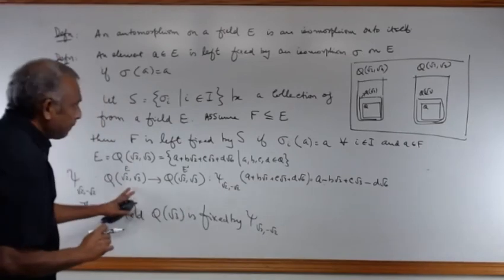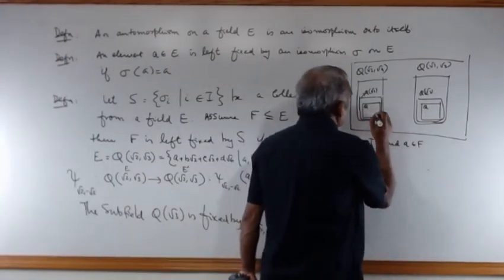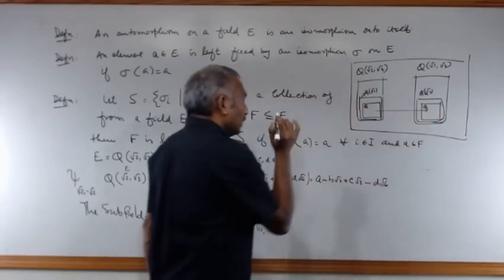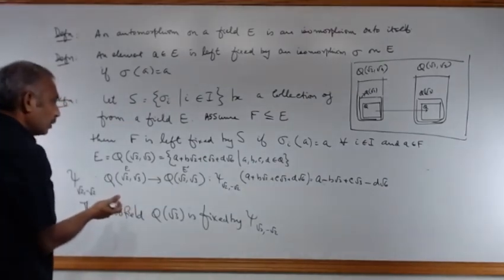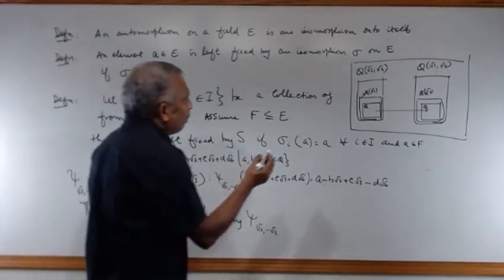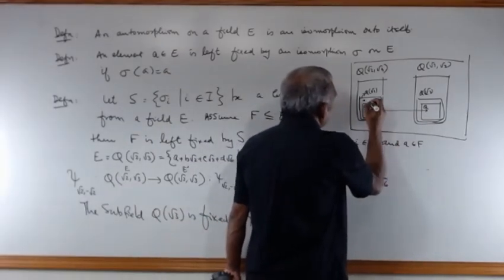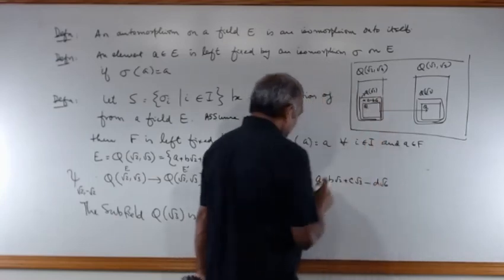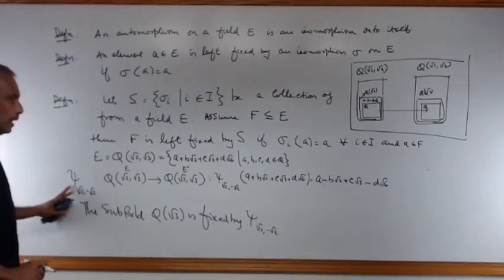With this map, if you take q, it is definitely mapping to the same element. Actually, that is by definition of the conjugate isomorphism. But if you take any element here, for example, a plus b root 3, that is not going to change with this isomorphism.